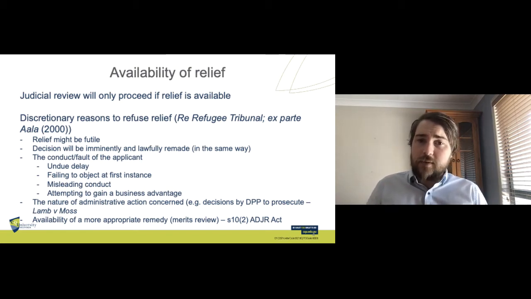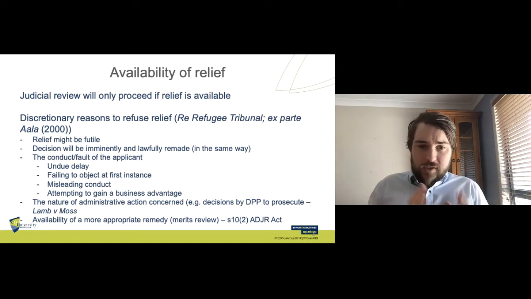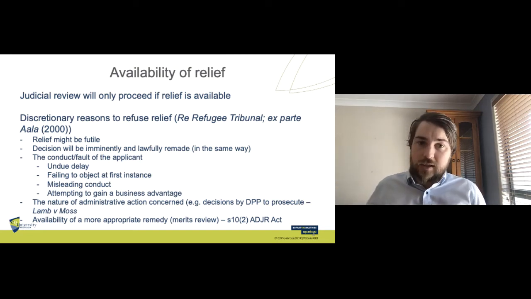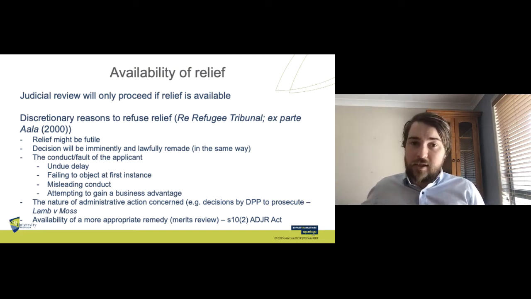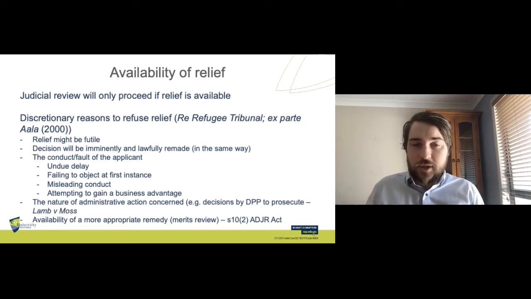So, for example, if a decision was made that caused a detriment to an applicant, but now having suffered that detriment, the opportunity is lost. There's no way to regain that opportunity, and so setting aside the decision won't give back the opportunity.